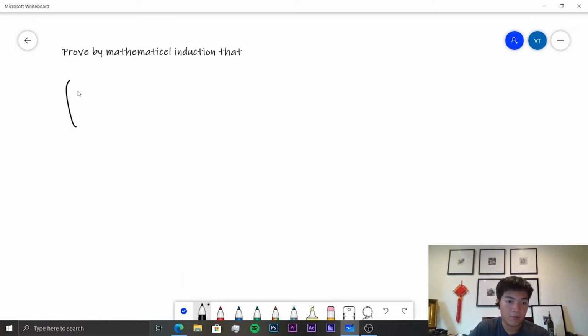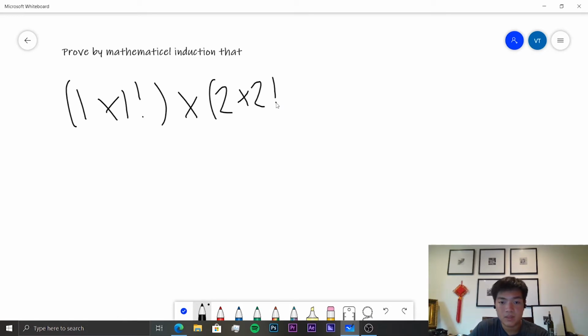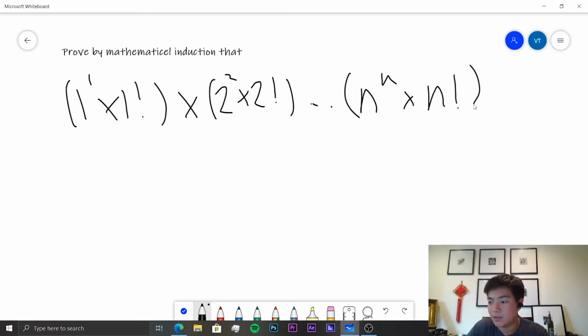We have 1 to the 1 times 1 factorial times 2 squared times 2 factorial, and so on until n to the n times n factorial, is equal to (n factorial) to the power of n plus 1.